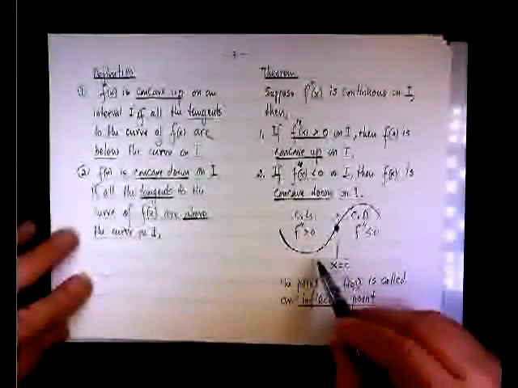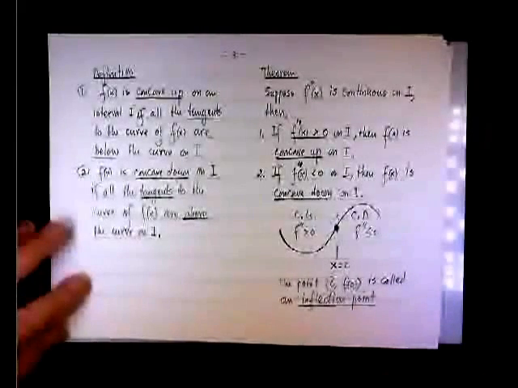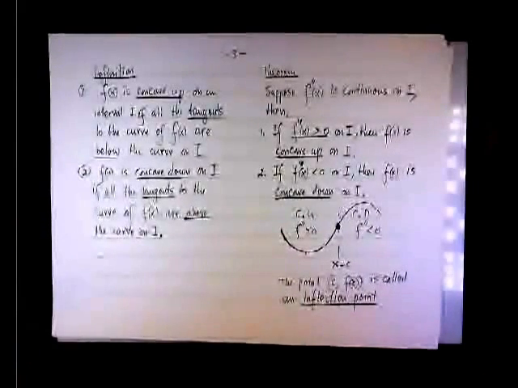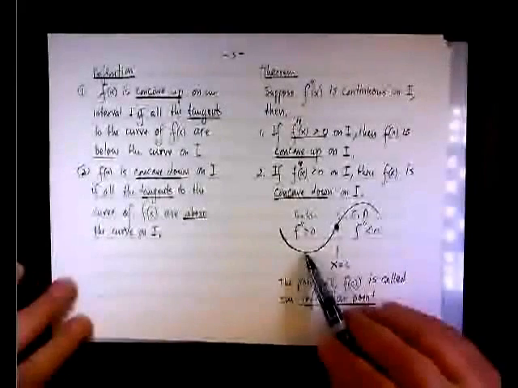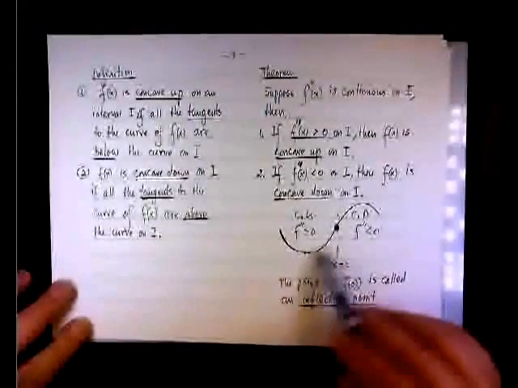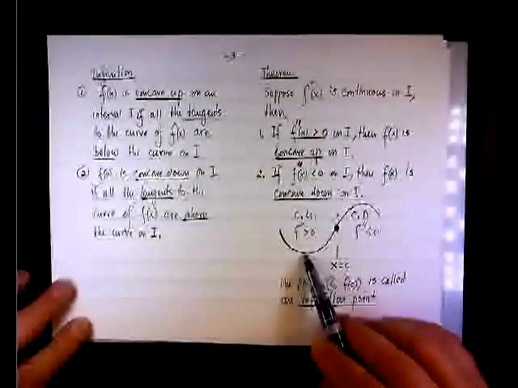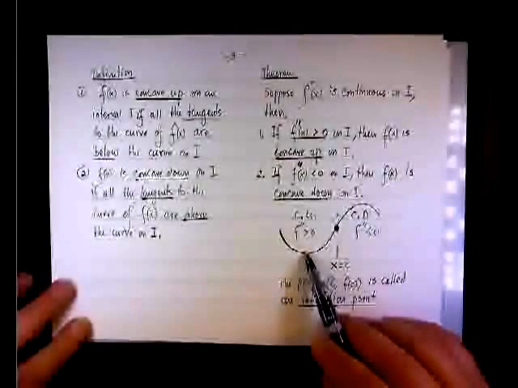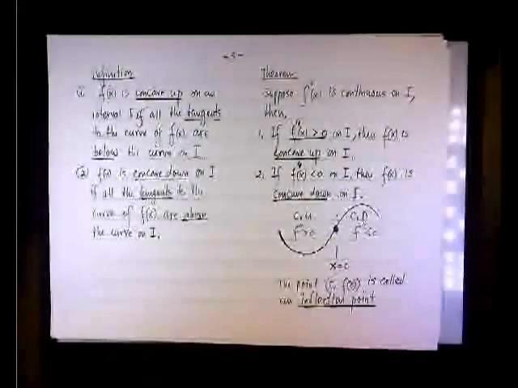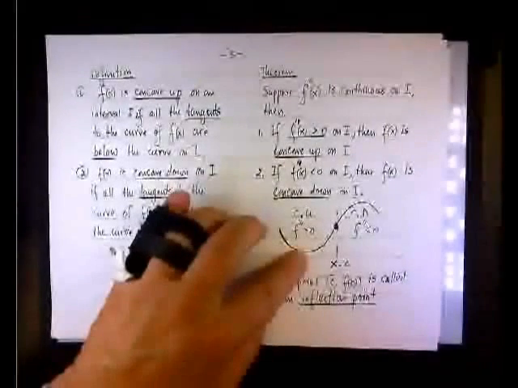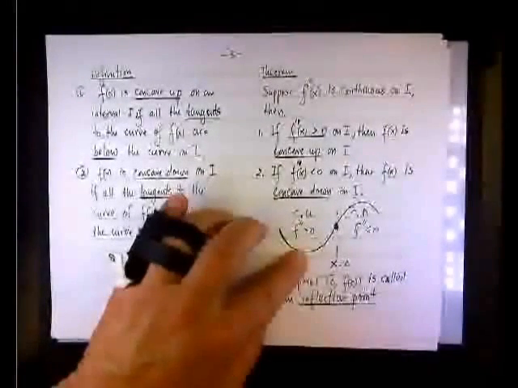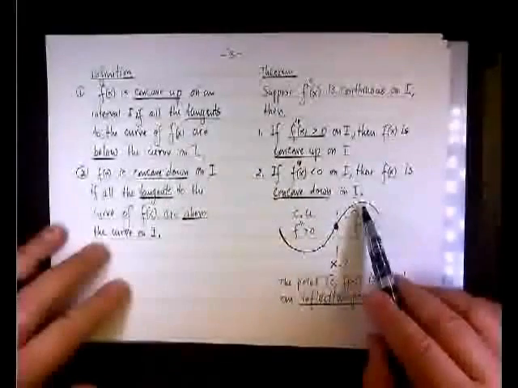In other words, the tangent is horizontal, the slope is 0, which means the first derivative equals 0. On the other hand, in the vicinity of this point, the second derivative is positive. In other words, it's concave up. So concavity up tells you that you have a minimum, that is, if the first derivative equals 0.